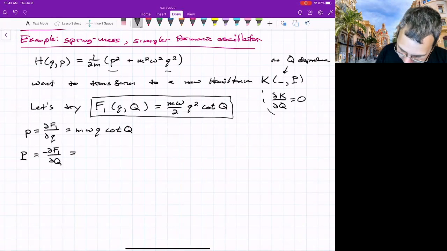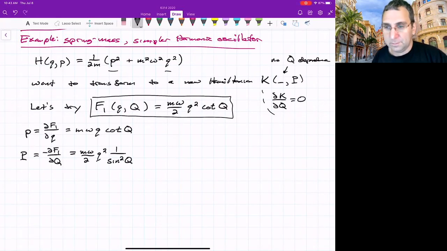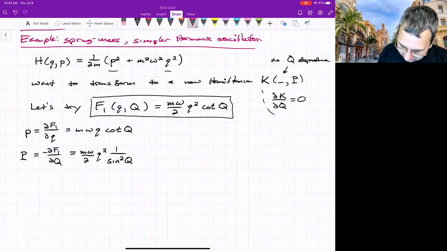Just no picnic. At least I don't like it. 1 over sine squared big Q. And then you do a little bit of algebra, a multitude of sins can be covered over by just saying a little bit of algebra.